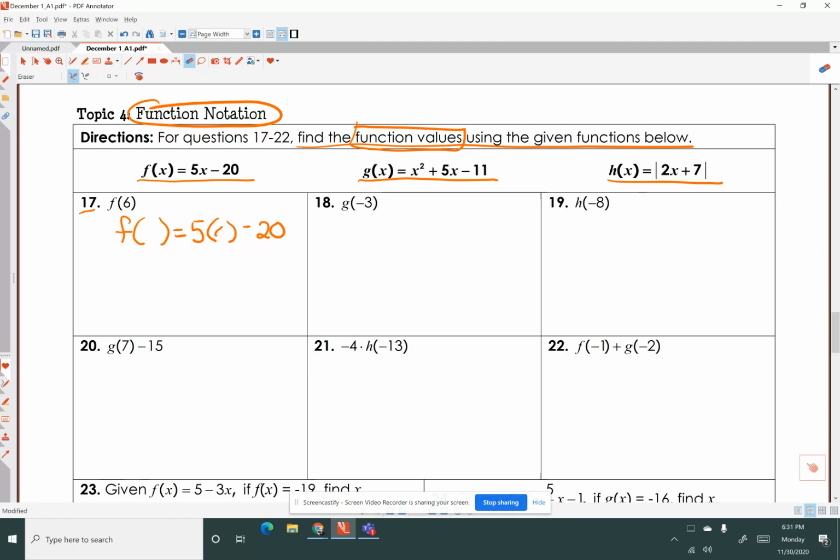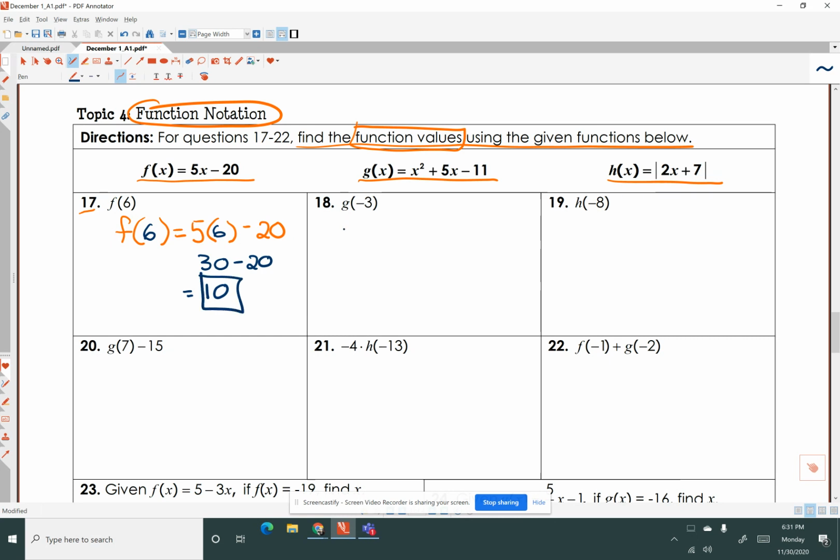We want f of 6. So we substitute for 6. And f of 6, 5 times 6 is 30, minus 20 equals 10. So f of 6 equals 10.